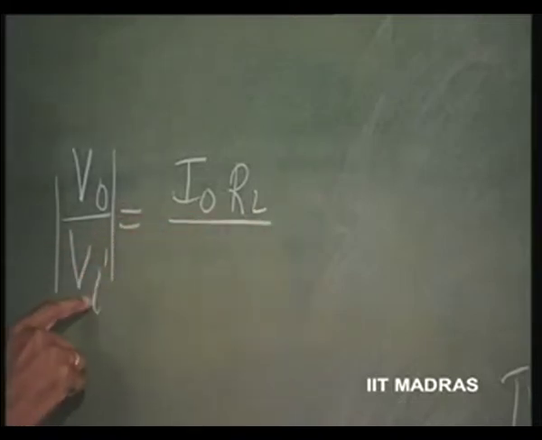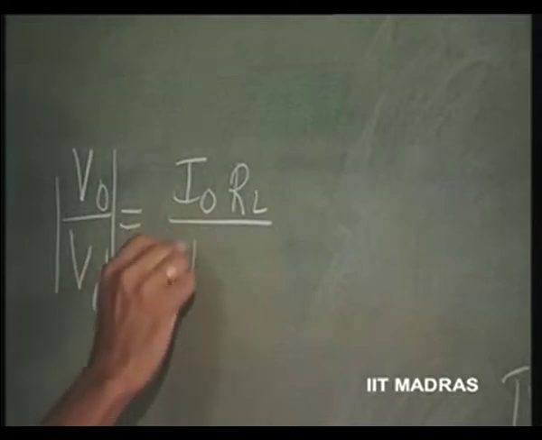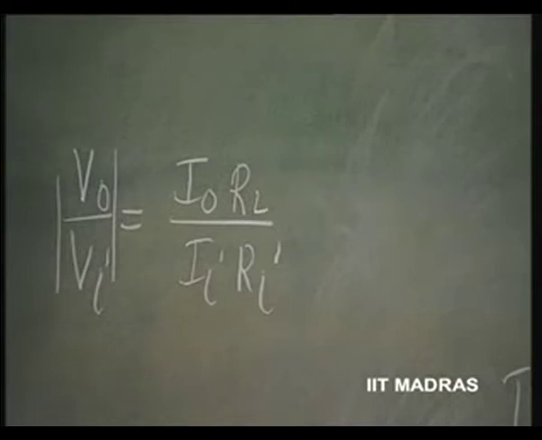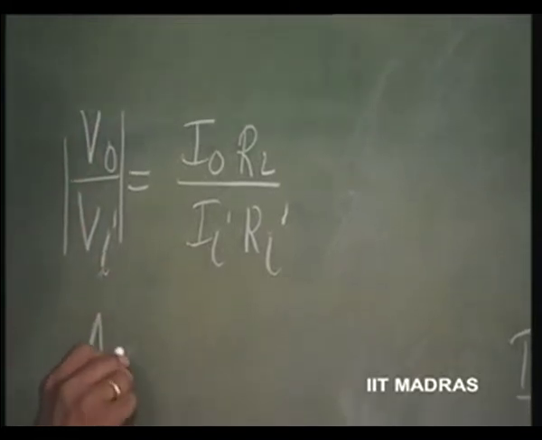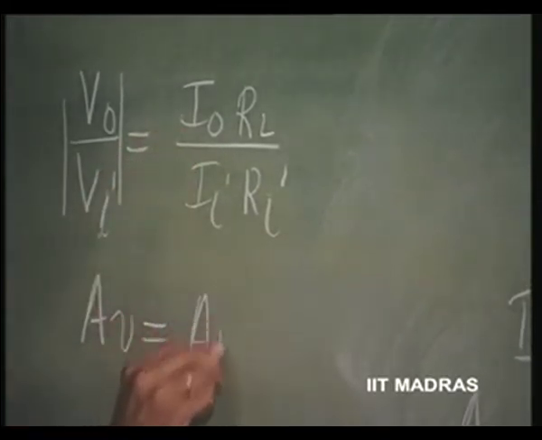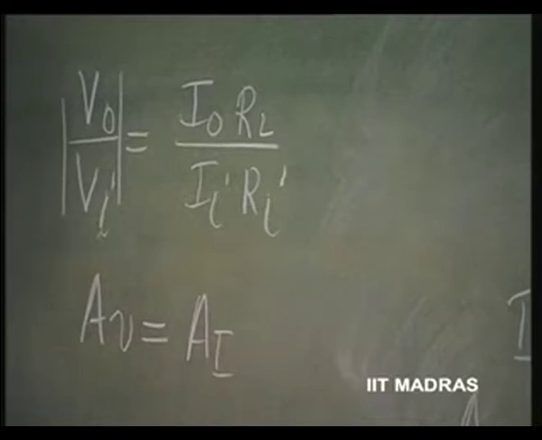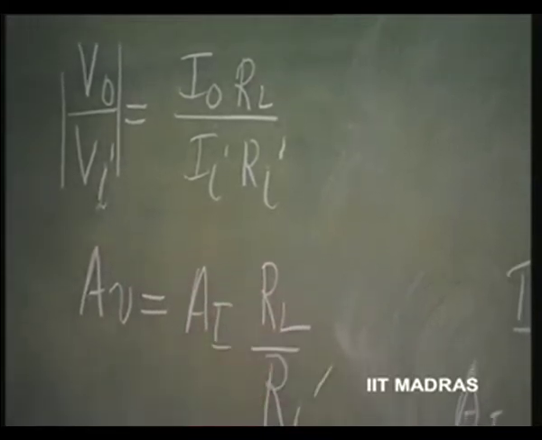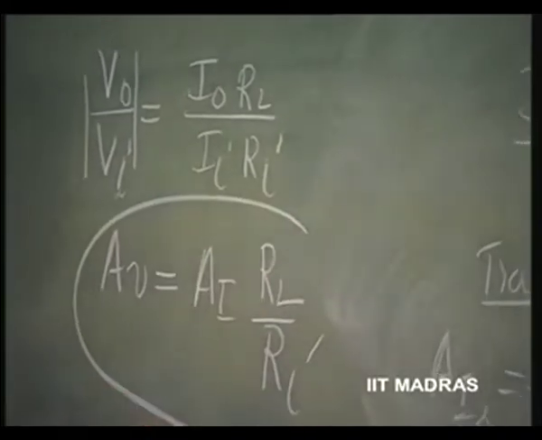Then Vi is nothing but Ii into Ri. We used this earlier in the example also to obtain the power gain in terms of current gain. So, the voltage gain of any amplifier, AV, is equal to AI, the current gain of the amplifier, into RL by Ri. This is an important statement.